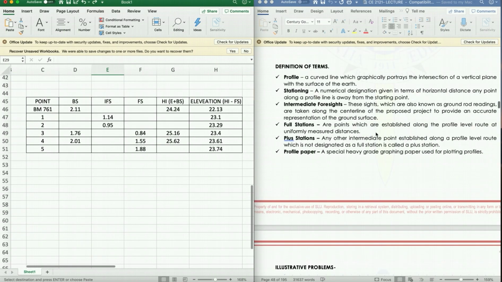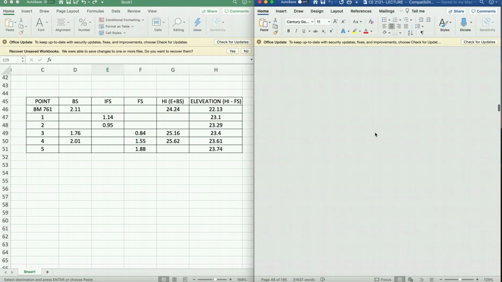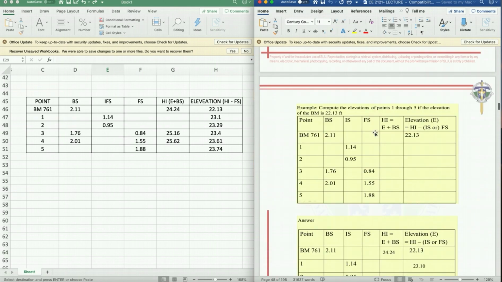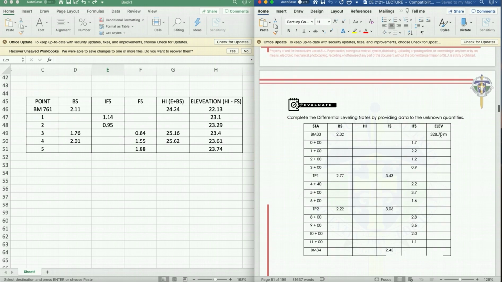Okay? So, if you are going to try to answer this problem here, if you want to try the problem here, ganun siya. So, may elevation ka plus backside, makukuha mo yung height ng instrument.